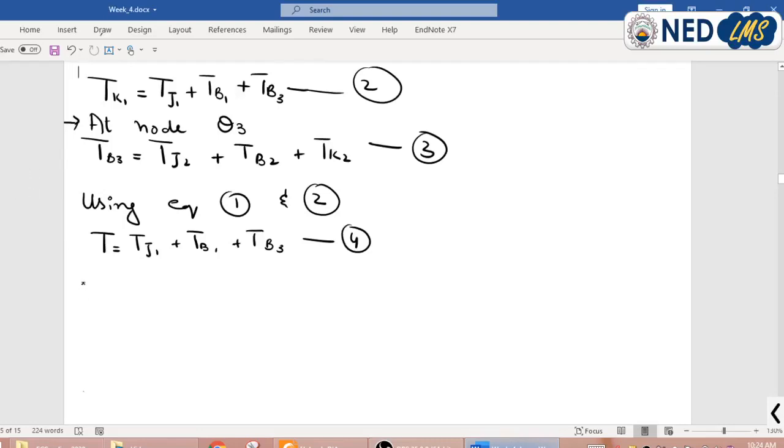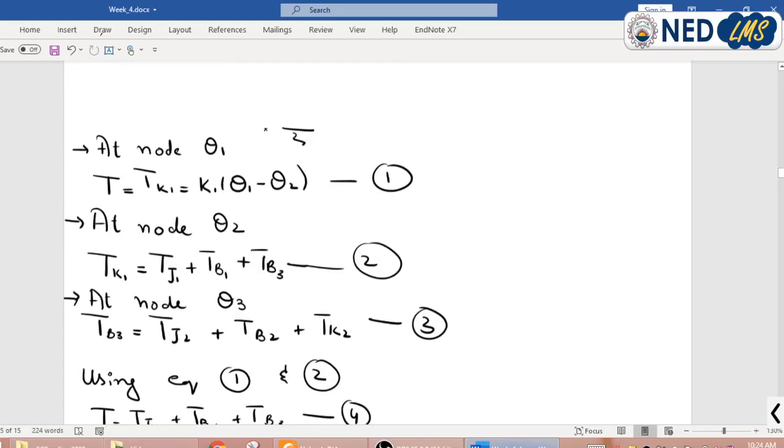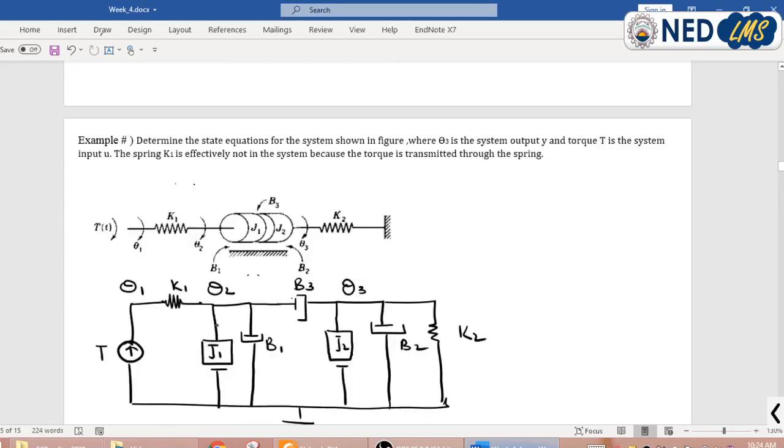How to select the state variable? Here we have moment of inertia 2, moment of inertia 1. Moment of inertia basically stores energy due to the angular velocity. If we see in the diagram, this moment of inertia is present at theta 2 or node 2.